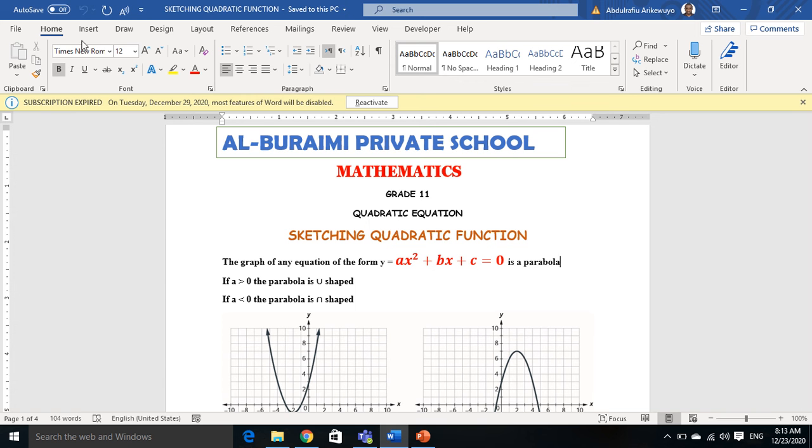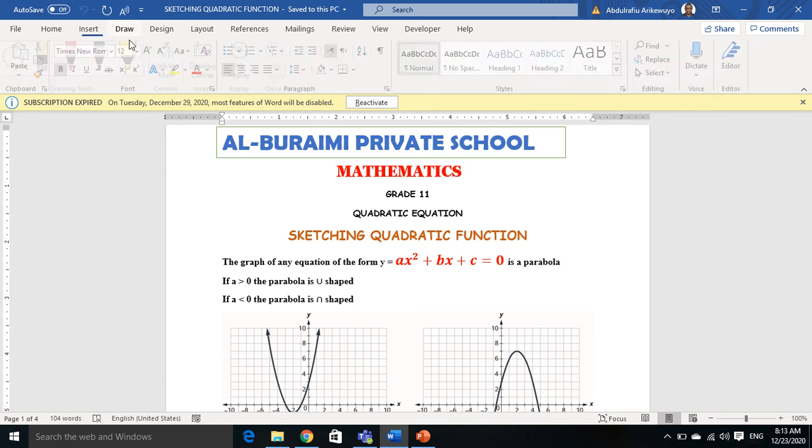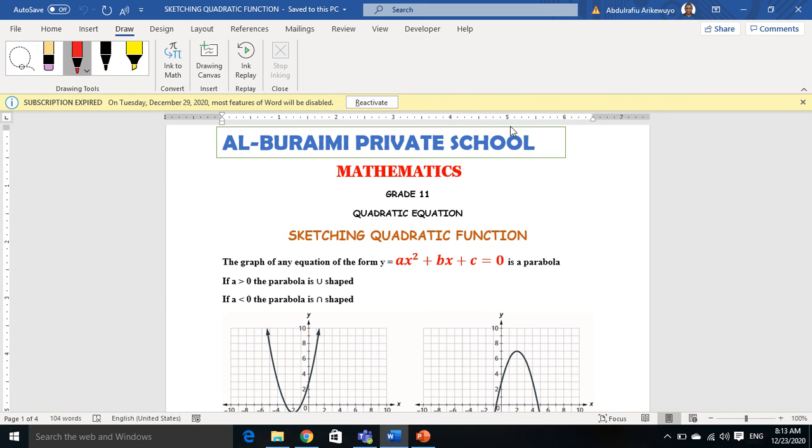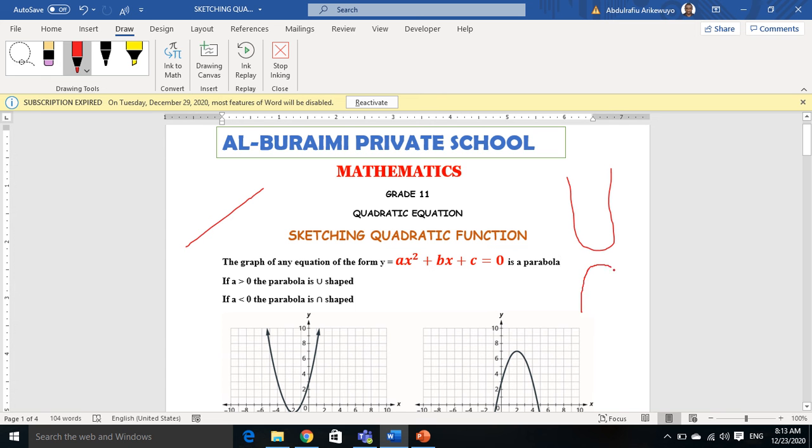And a parabola is of this shape, right? It's of this shape. This is a parabola. You know, there are some kind of graphs that you draw that will give you a straight line like this. But in this type of graph, this is what you are going to get, a parabola. It can either face up or it will face down. Are you following?